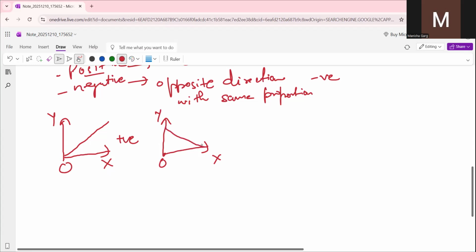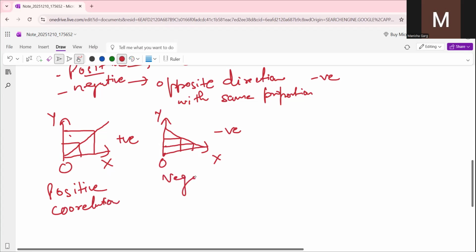This is a sign of the graph of perfect negative correlation. Same proportion, same change. Here we are showing the same proportion. This is positive correlation and this is negative correlation. Perfect negative, perfect positive. Is it clear?